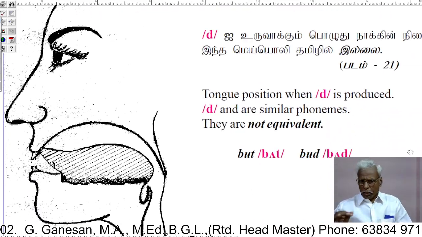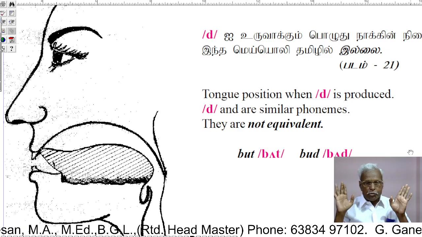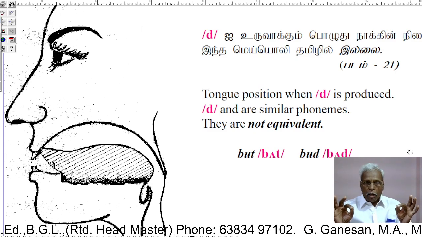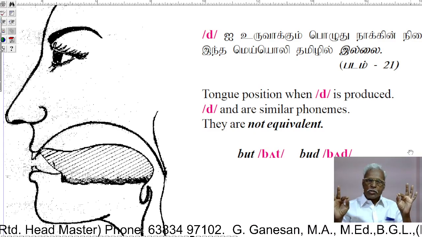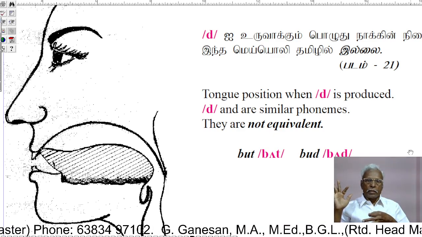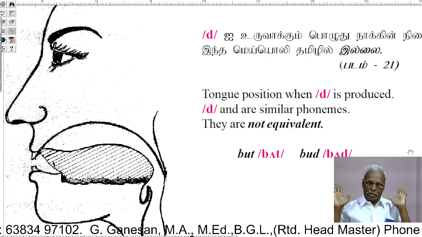As the vocal cords vibrate when this phoneme is produced, it is called a voiced alveolar plosive. One is voiceless, another is voiced.